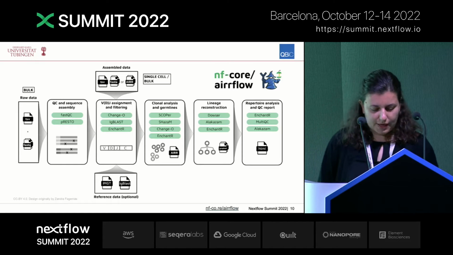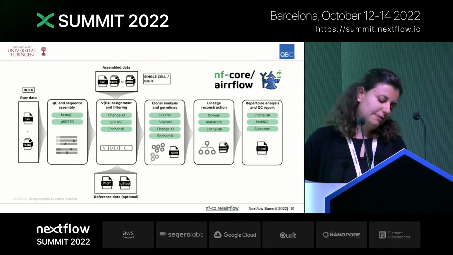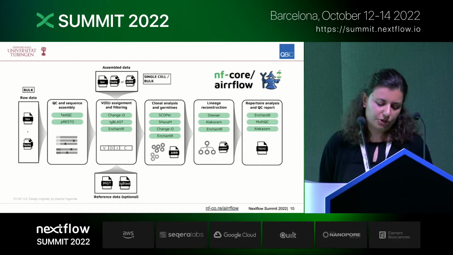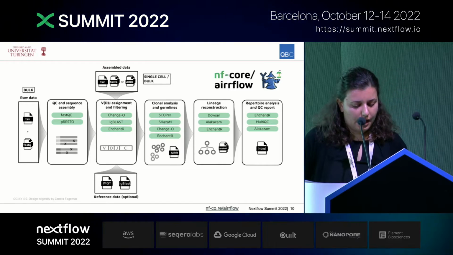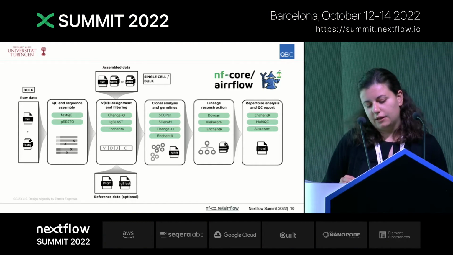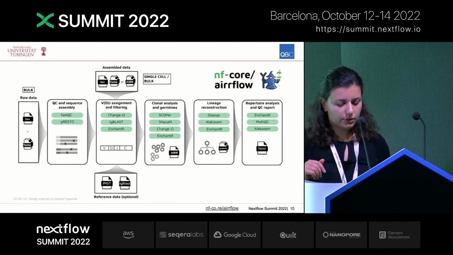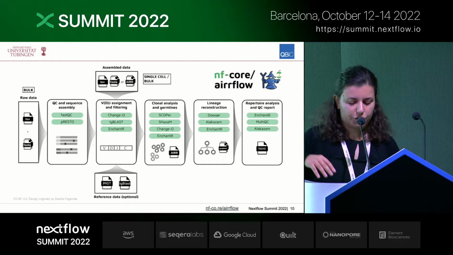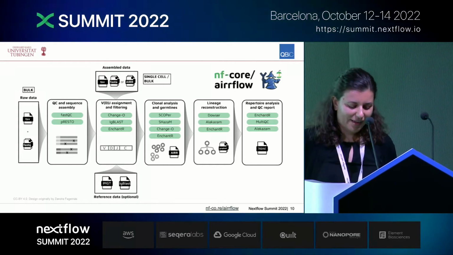It performs IgBLAST with the specific reference data provided by the IMGT consortium that contains these BCR and TCR sequences. And further analysis steps include identifying the sequences that belong to the same T-cell clones and B-cell clones, and reconstructing the lineage trees, giving rise to these B-cell tree sequences.